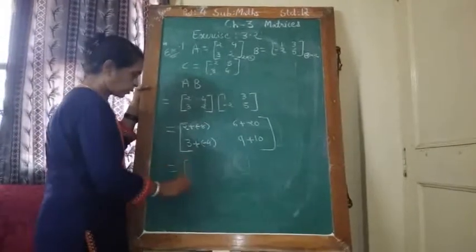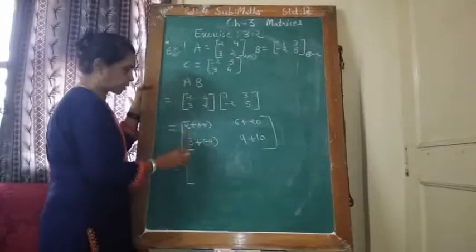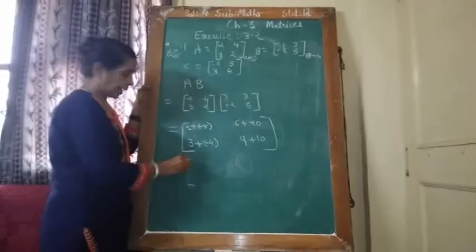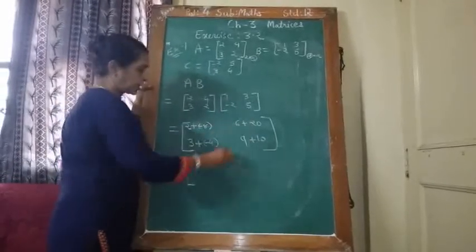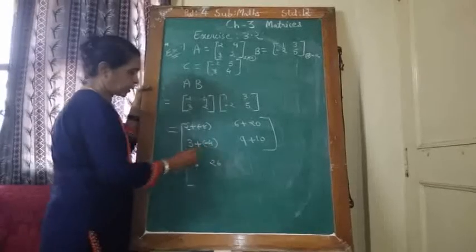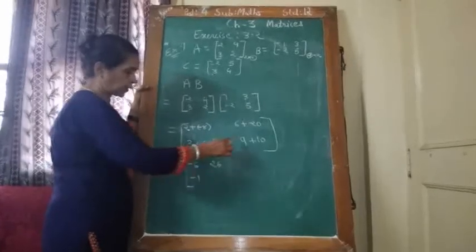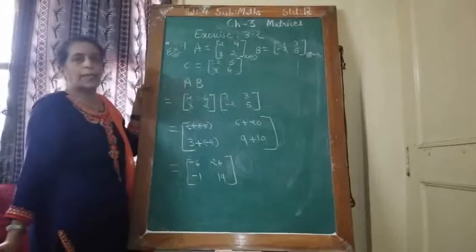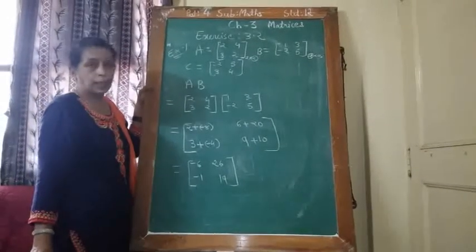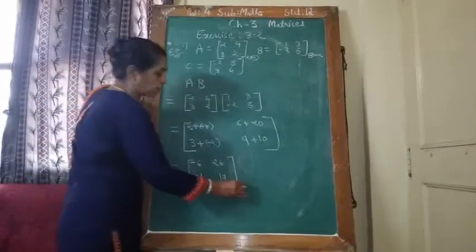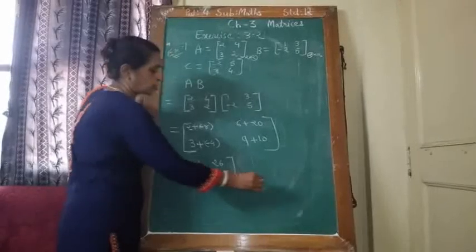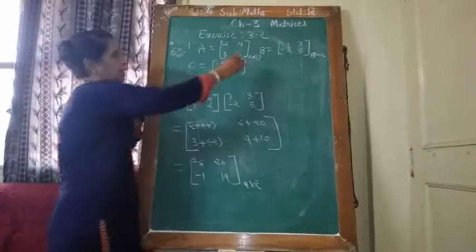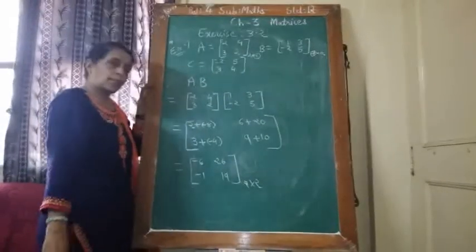So 2 minus plus minus minus 2 minus 8 minus 6. 20 plus 6 is 26. 3 minus 4 is minus 1. 9 plus 10 is 19. So this way I will find the product of the matrix, which is of order again 2 cross 2.